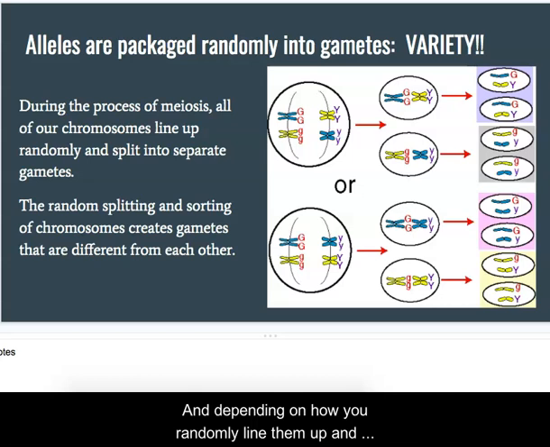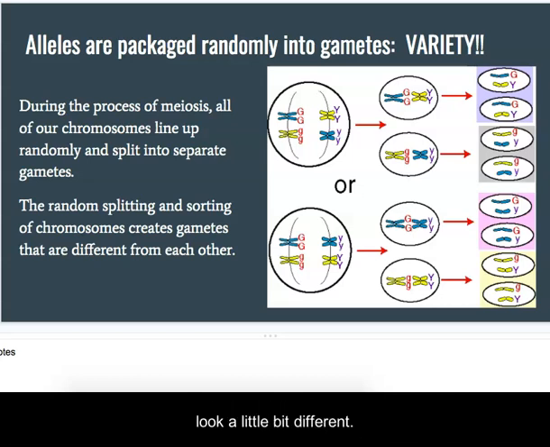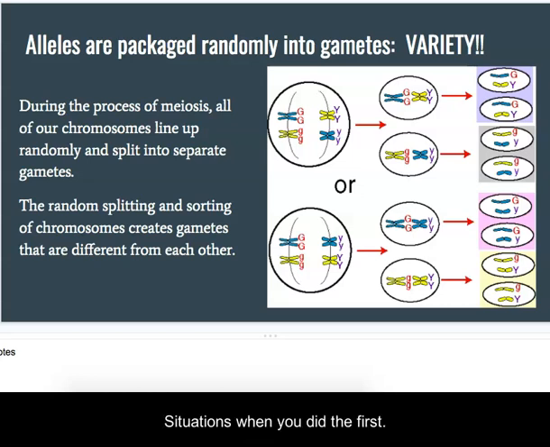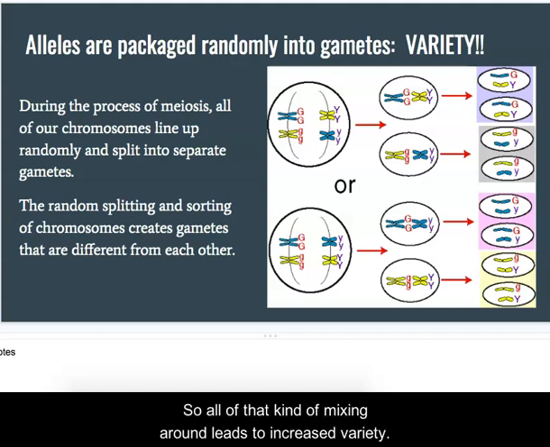And depending on how you randomly line them up and separate them, each one of those little piles is going to look a little bit differently. And if you pushed them all into the center and did the process again, you would probably end up with different situations than you did the first time. So all of that mixing around leads to increased variety.